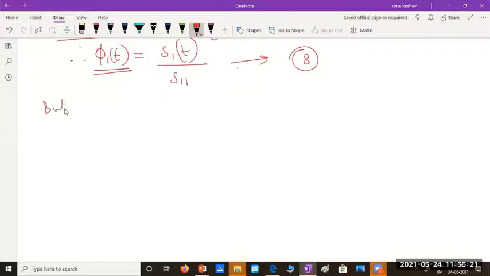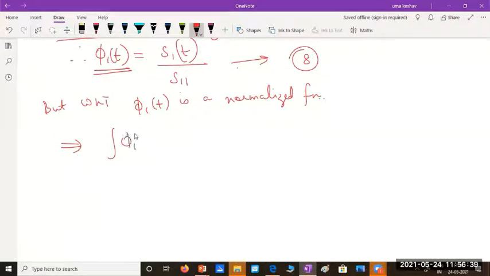But we know that phi 1 of t is a normalized function. Which implies, when do I say it is normalized? Its energy will be unity.